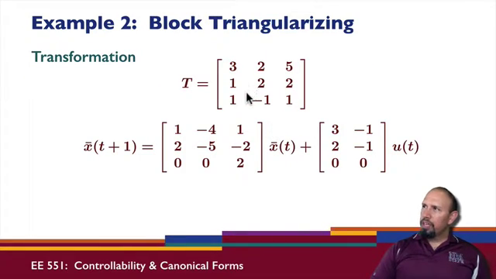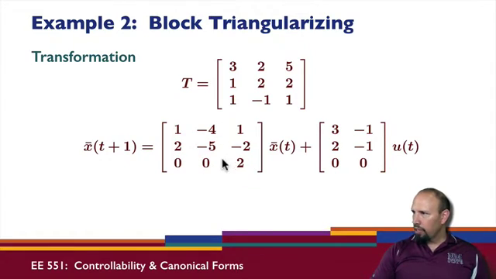Our transformation, so here is a block triangularizing transformation that I have come up with. I've picked it. Okay, so when I apply this transformation to the system, this is the new system that I get, and I can see it's block triangularizing. Okay, I get a block of zeros here. This part is square, this part is square, so that's a block triangularizing transformation.